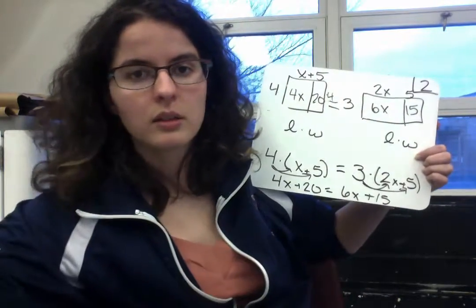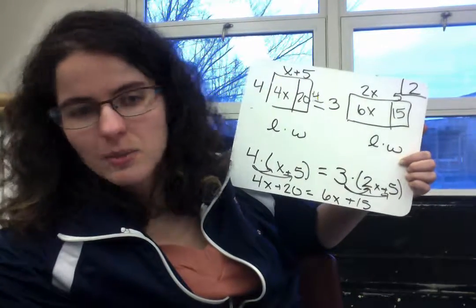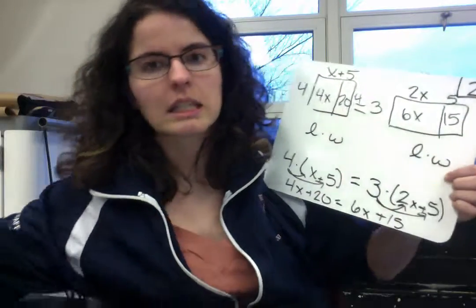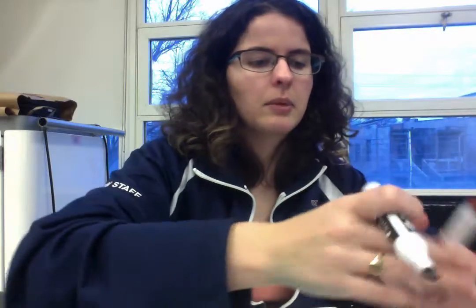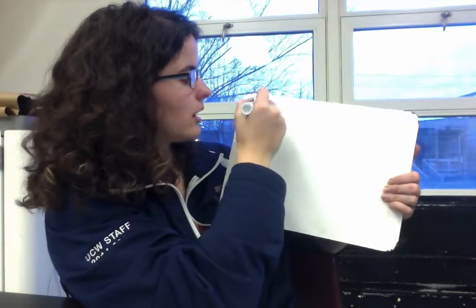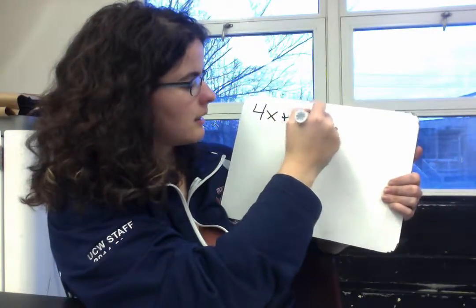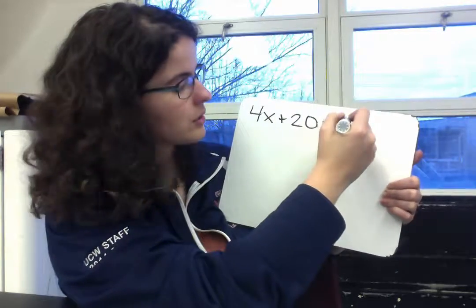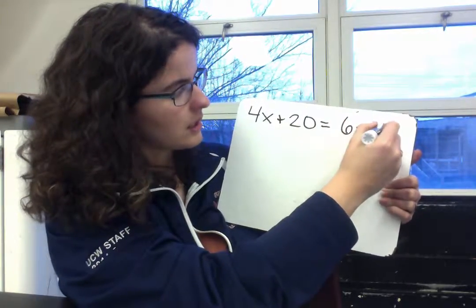Now, just for giggles, let's use a balance and solve it, since we haven't done any balance work today. And cap my markers so I don't waste all my ink. Alright, so I know that 4x plus 20 needs to be equal to 6x plus 15.